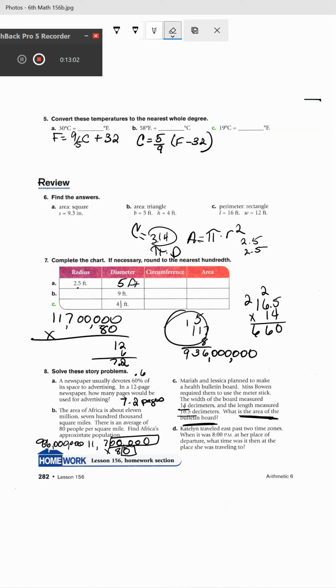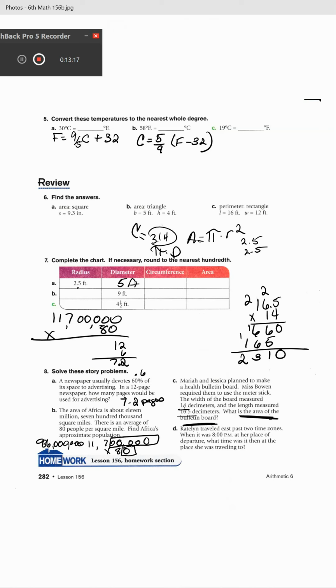Let me get rid of this right here. It's out of my way. Okay. And this is a 5, a 6, and a 1. All right, so this is decimeters. If we want to convert this to meters, think of it as a conversion problem.